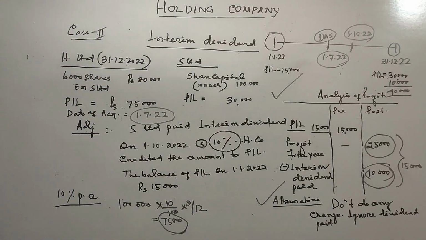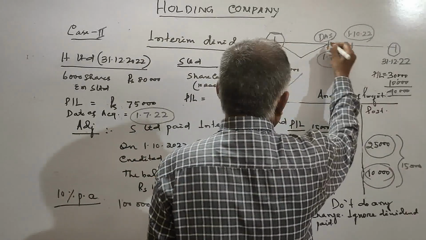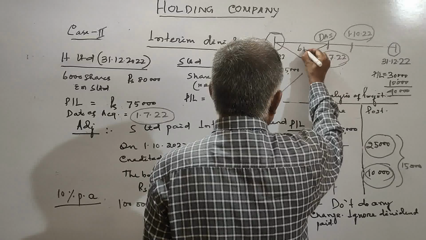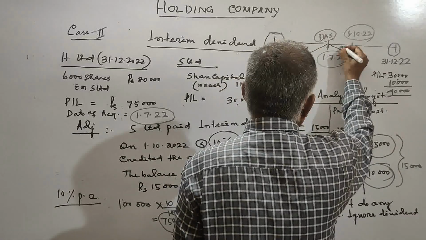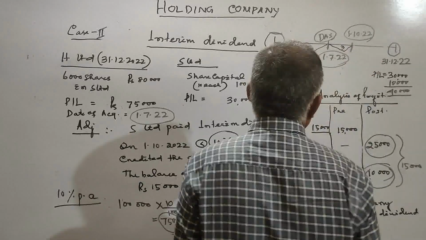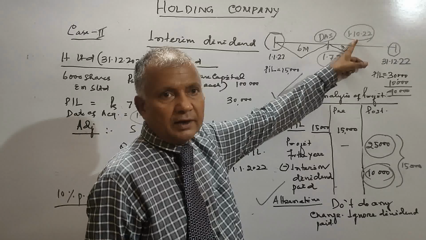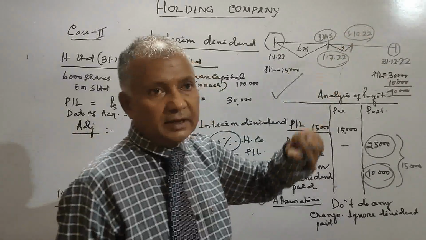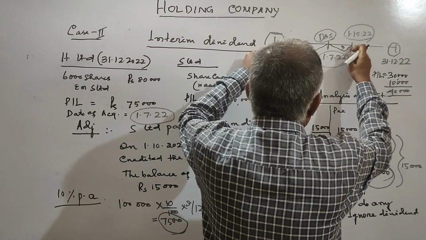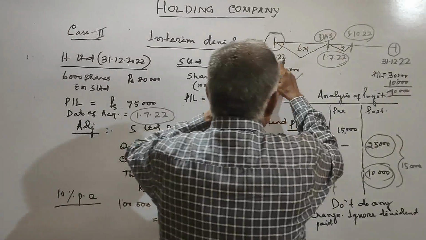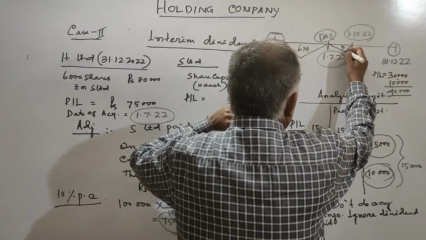So what we will do, this period is your pre-acquisition period 6 months, and post-acquisition period is 3 months. Because the interim dividend is paid for 1/10/22, that means they have paid the dividend for this period, that is 1/1/22 to 1/10/22, 9 months.